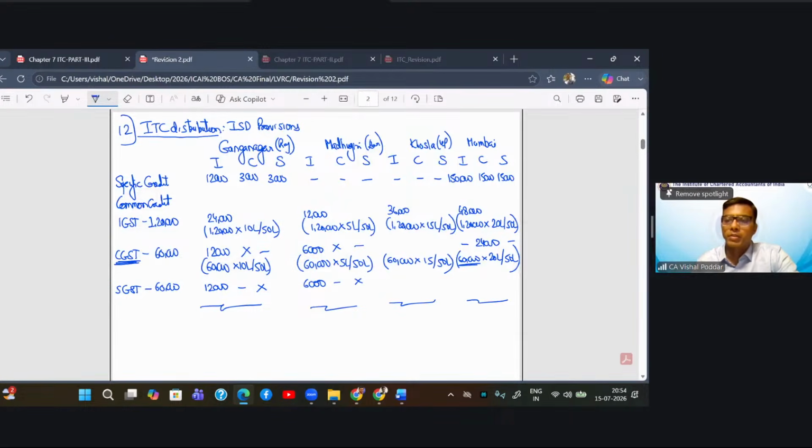Correct? Same, it will be given as SGST. I hope you're understanding this, students. Now, coming to this, here this will be given as IGST only. Same logic, right?